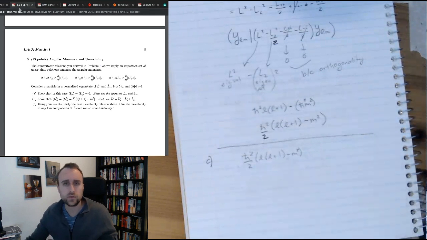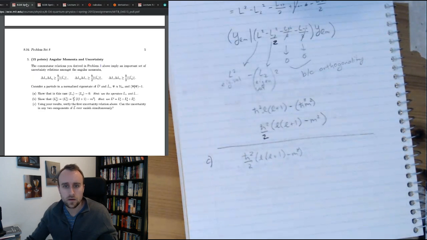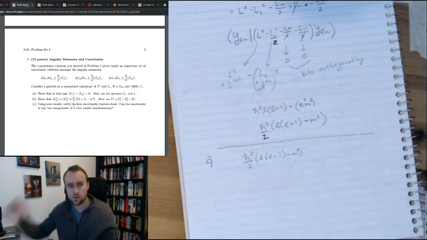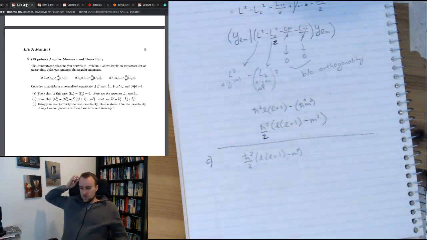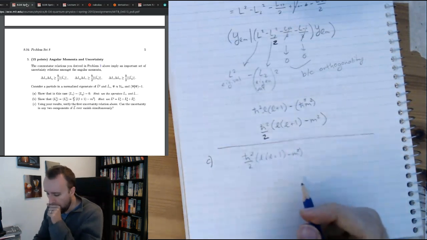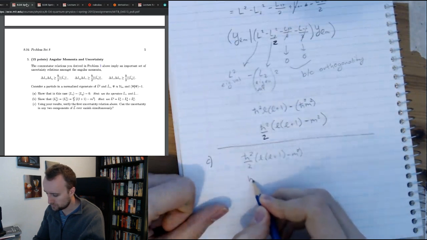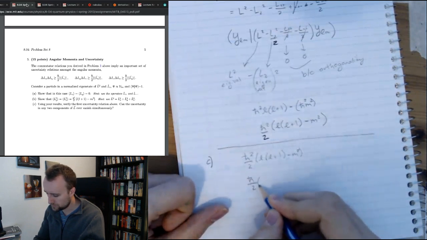Did I lose a square here? No. So this is equal to h bar over 2.